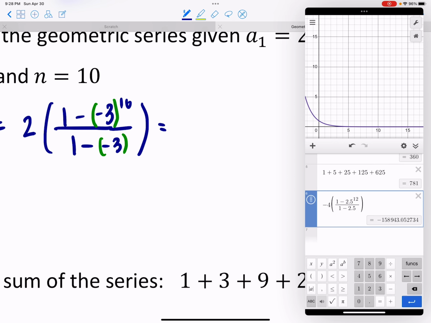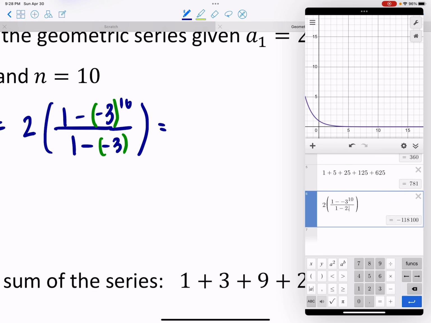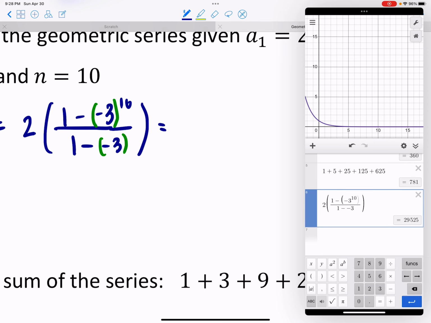So let me just recycle. Got 2, and this should be, oh, it took away my exponent. Negative 3 to the 10th power, and then minus a 3 here, and that's 29,525, whereas if we put the parentheses around it to make sure that the 10 applies to the negative 3, we get a negative answer instead of a positive.